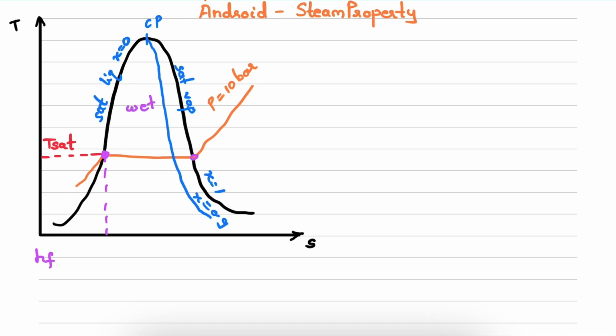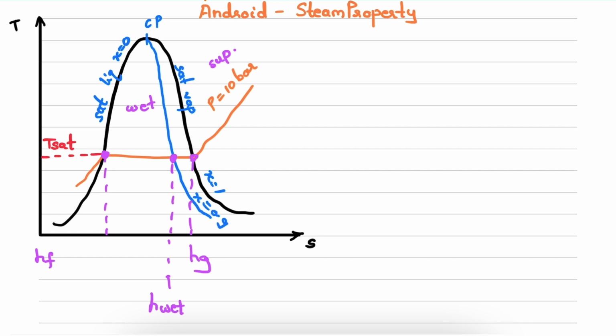At this location we will have an enthalpy value of Hg. For this point, according to our example, we'll have an enthalpy of H wet. Now this region towards the right is the superheated region.